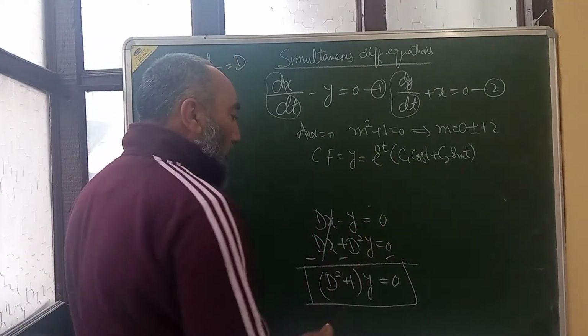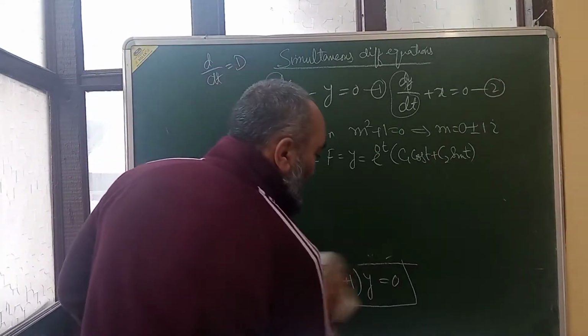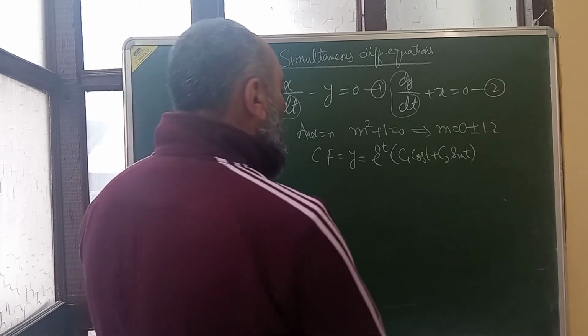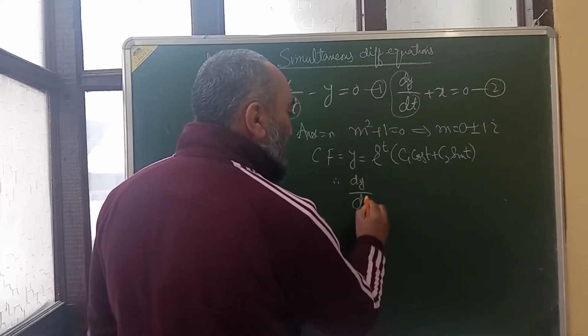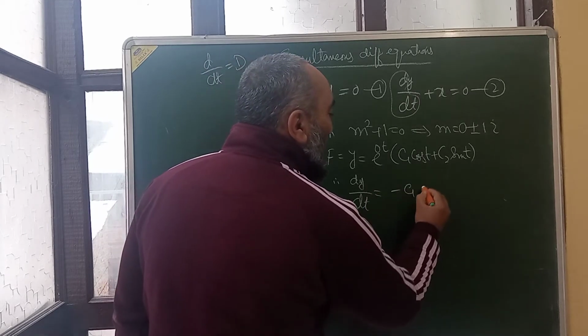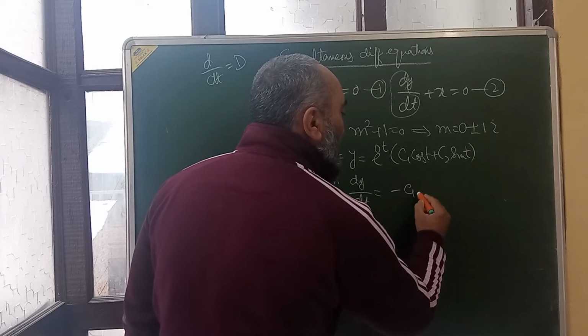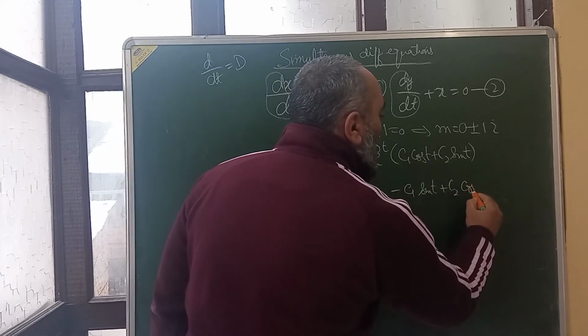This is your y. If you know y, you can always find dy by dt. Therefore, dy by dt is minus c1 sin t plus c2 cos t. This is dy by dt.